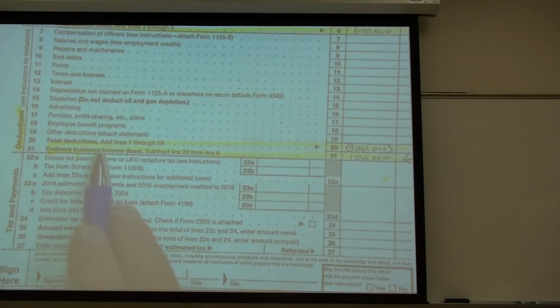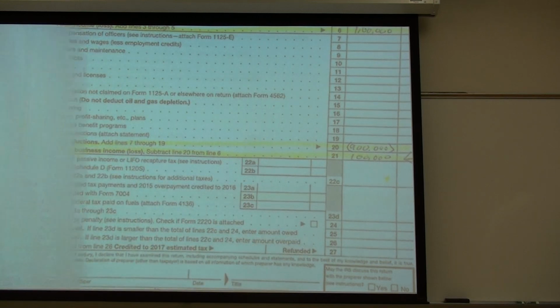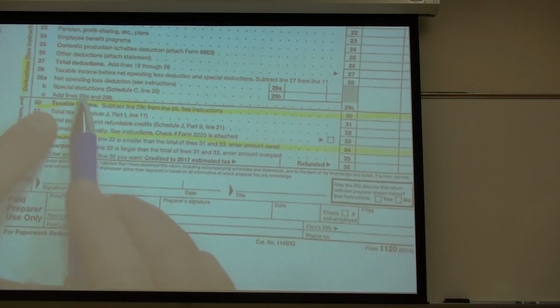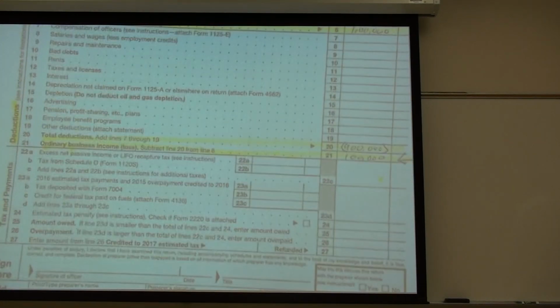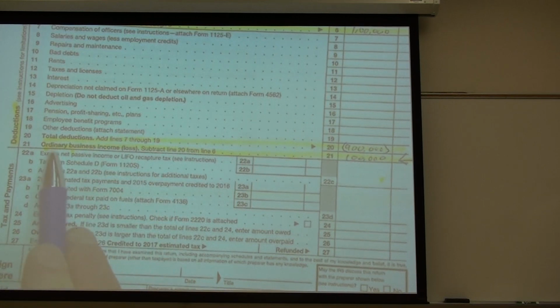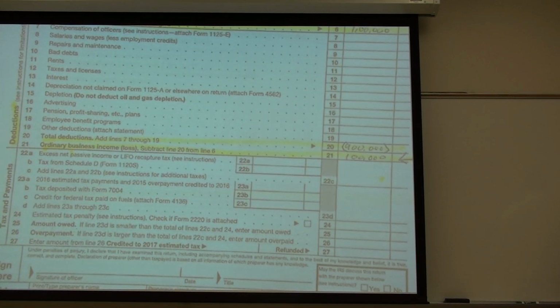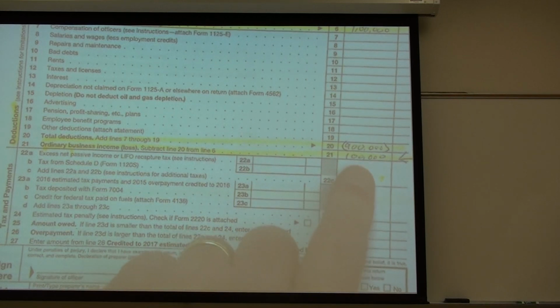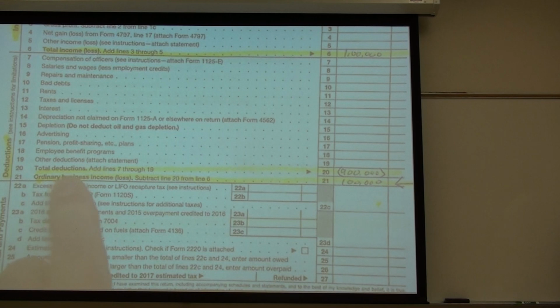So this is where we then have, instead of taxable income, remember on the 1120 form it said taxable income. This is the 1120S. So it doesn't say taxable income. They use the term ordinary business income or a loss if you end up having a negative year. So in this case, we had $100,000 of ordinary business income.